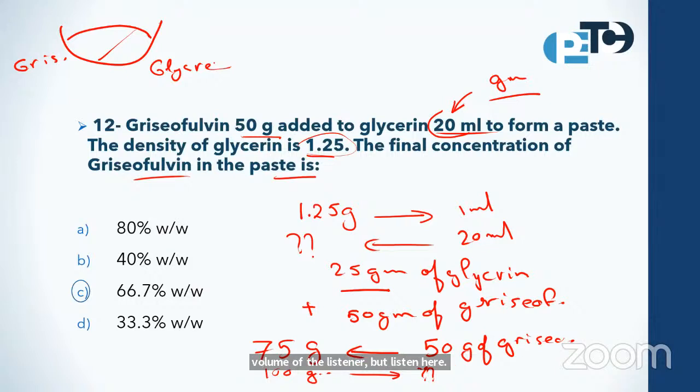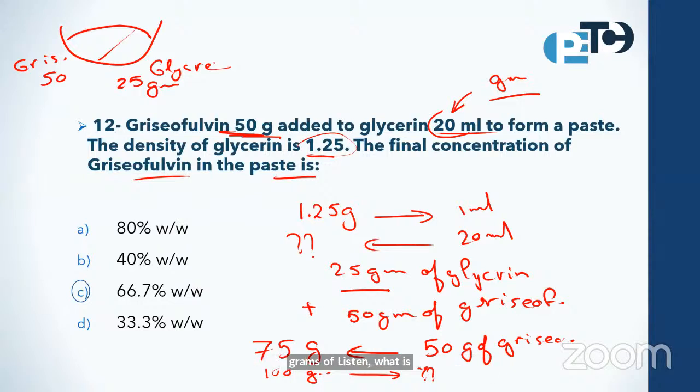So we should know the corresponding weight of it. We calculated it to be 25 grams, while he mentioned that we have 50 grams of griseofulvine. Okay, so the mixture here is now composed of 50 grams of griseofulvine mixed with 25 grams of glycerin.